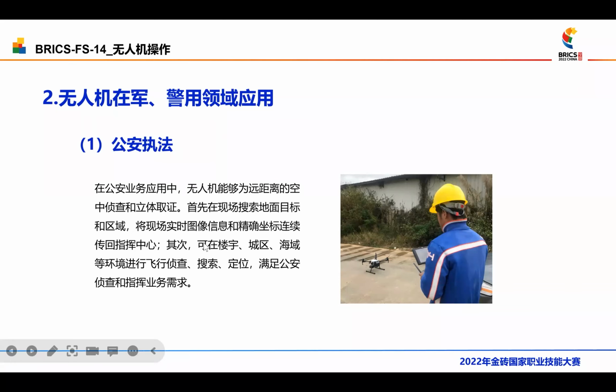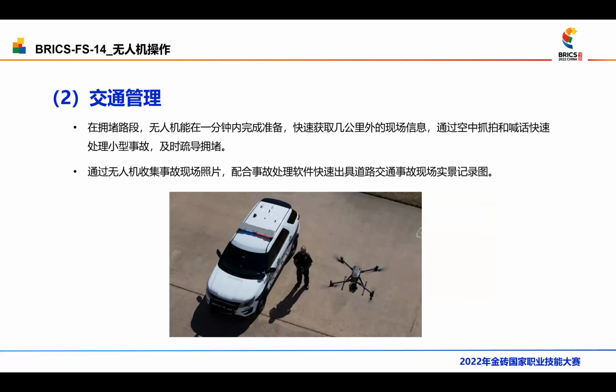First, search the ground, targets, and areas on the spot, and continuously send the real-time imaging information and precise coordinates back to the command center. Second, it can conduct flight investigation, search and positioning in buildings, urban areas, sea areas, and other environments to meet the needs of public security investigation and command business.